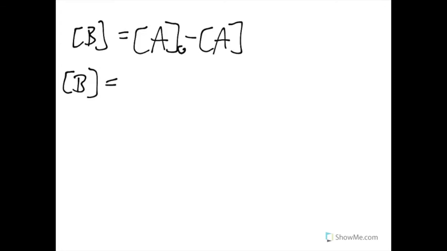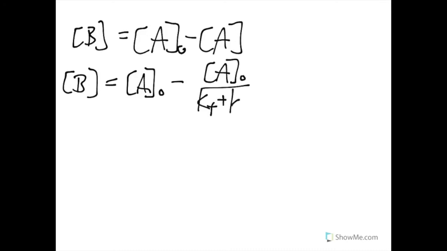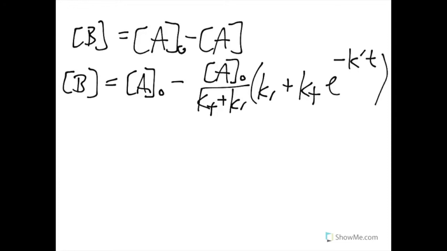So B is equal to A naught minus A naught over Kf plus Kr. Since we left this on the last screen, I'm going to write it out one more time. I'm just going to leave this as K prime for now, though. Okay?